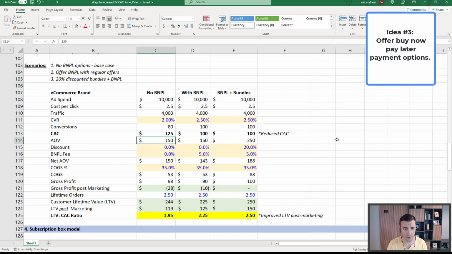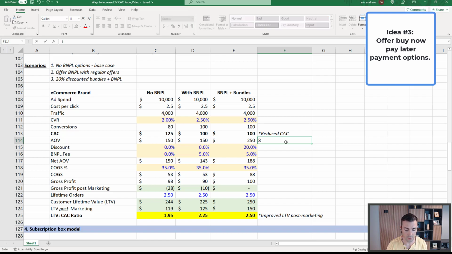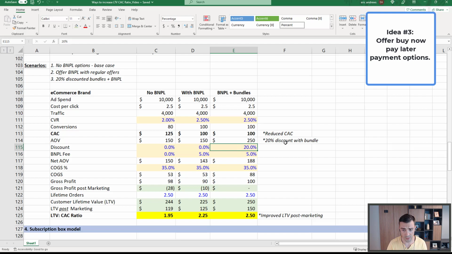Then the average order value is 150, 150, and with the bundle it's 250, but there's a 20% discount with the bundle. So 250, but they're getting really more than 250 of product. So the discount here is 20%.